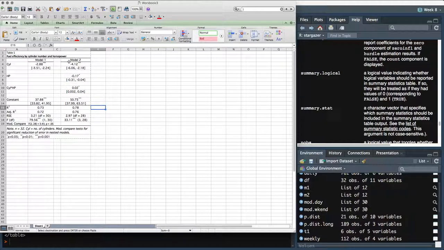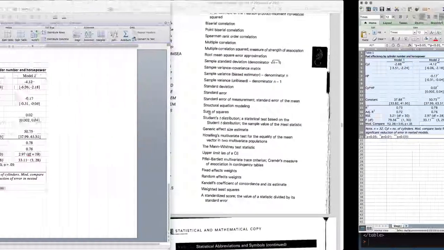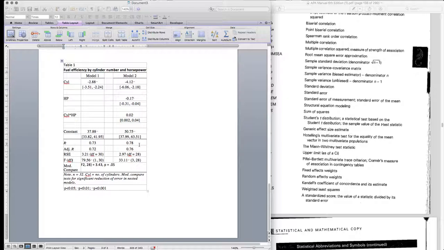So you basically make your table in Excel, and then you'll just copy and paste that over into Word, and then deal with Word's crap of trying to adjust it all to make it fit on the page.